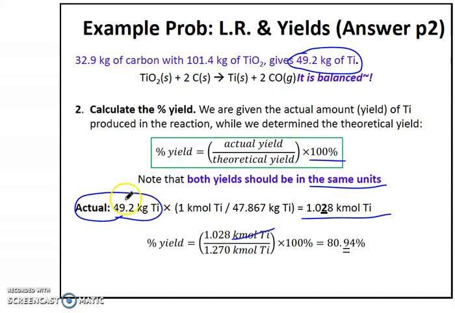What I did here is convert from kilograms to kilomoles of titanium. So now the theoretical and the actual yield are both in the same units. We can cancel those kilomoles of titanium, and we end up having around 80.9% if we follow the significant figures. Again, important thing, make sure that you have the same units.